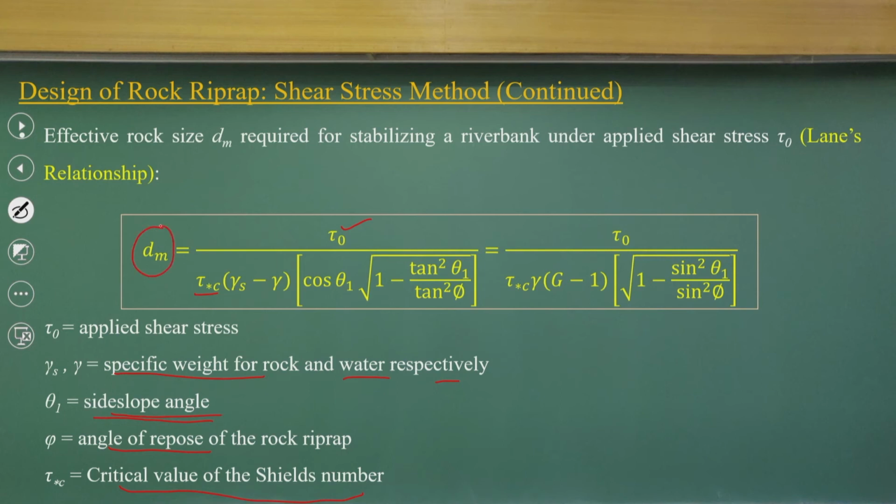It comes to a function of the applied shear stress, where theta 1 is the side slope angle and phi is the angle of repose, and you also have the critical value of shear stress from the Shields number. That is what we already discussed earlier.